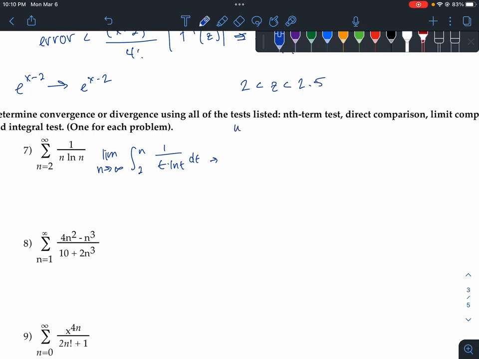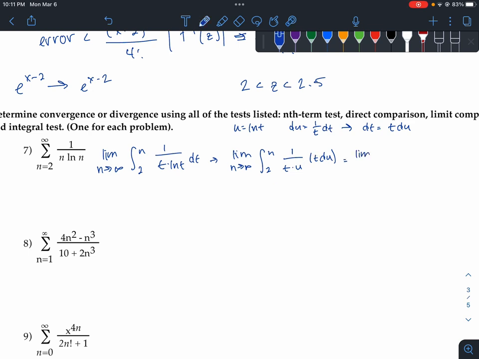So say u is equal to the natural log of t, then du is equal to 1 over t dt, and dt is then equal to t du. If I use my substitutions, I have the integral from 2 to n of 1 over t times u, and then t du, and you can see that the t in the numerator and t in the denominator will cancel.